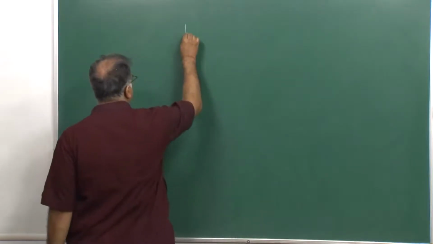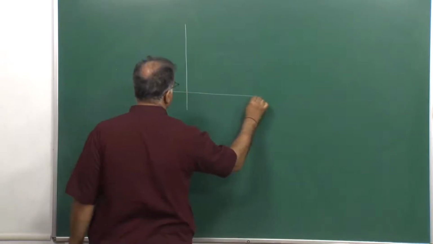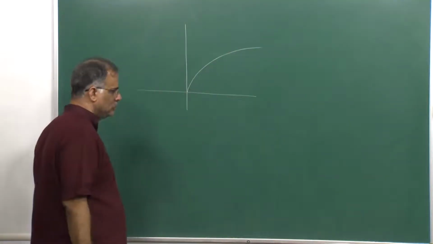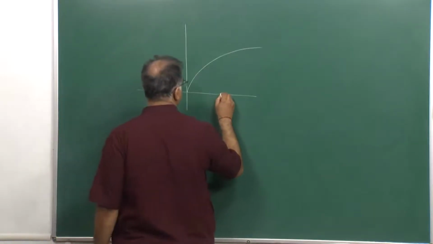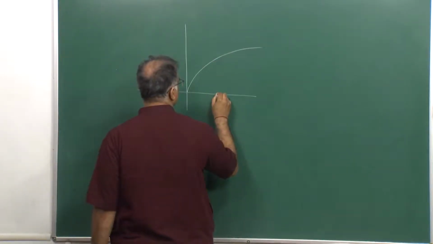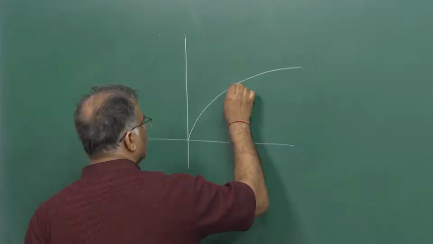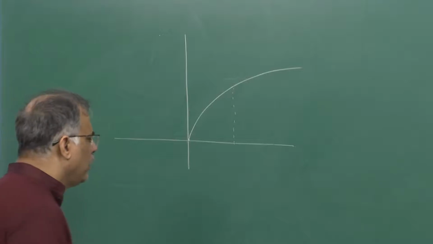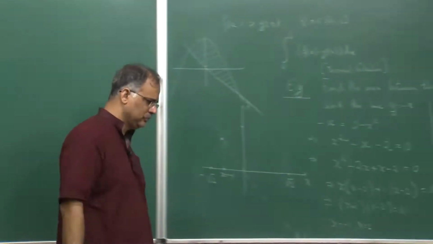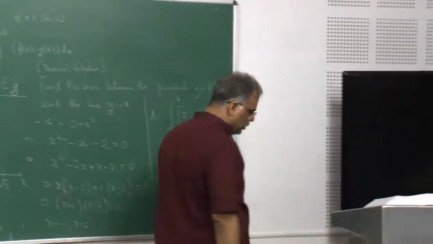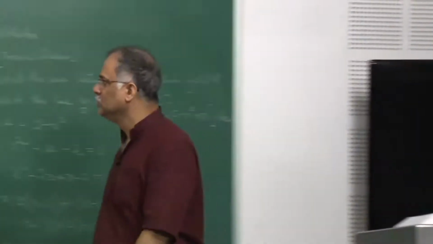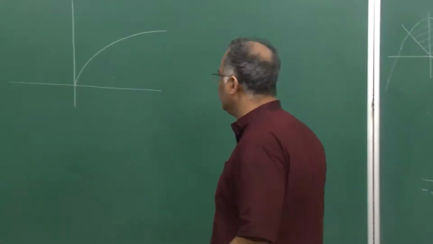So, I am supposed to find, so this is your y equal to root x. So, when x is 4, this is root 4, so this is 2. And through 2, the line y equal to x minus 2 passes, because when x is 0, y is minus 2, and when y is 0, x is 2.